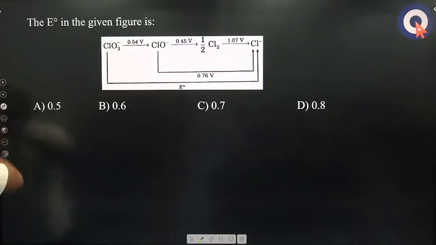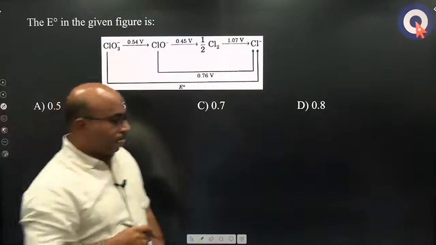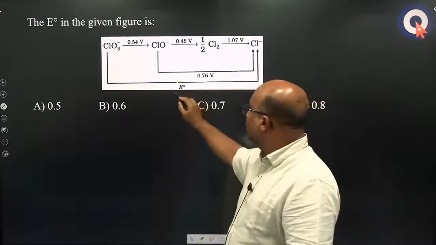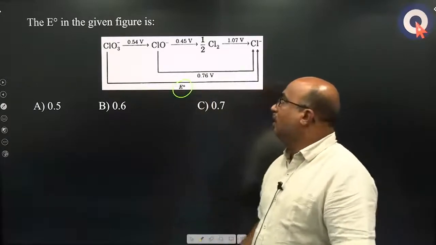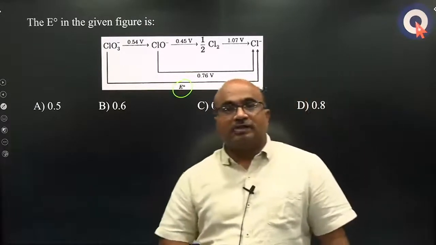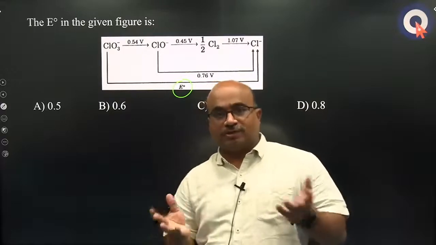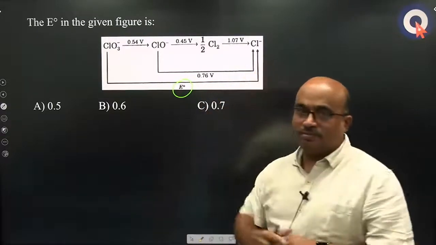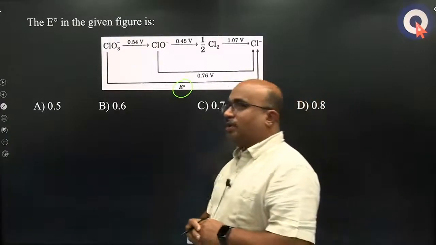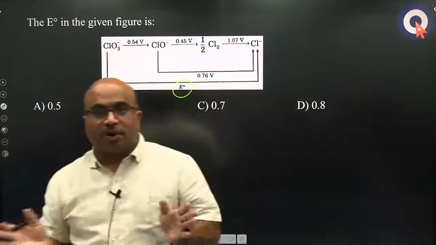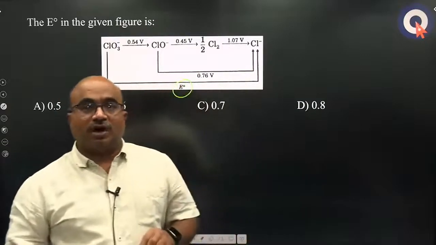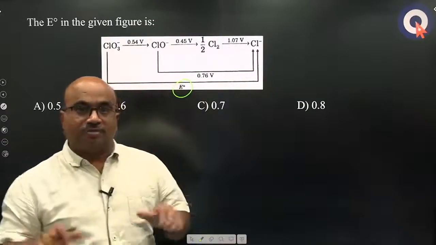Now coming to this, predicting the potential here. We have to predict the potential of ClO3 minus converting directly into, suppose, Cl minus. What is the potential? At the different conditions it is given. But generally we say potential is an intensive property. Actually we should not add the potentials, we should not subtract the potentials. They are not additive.